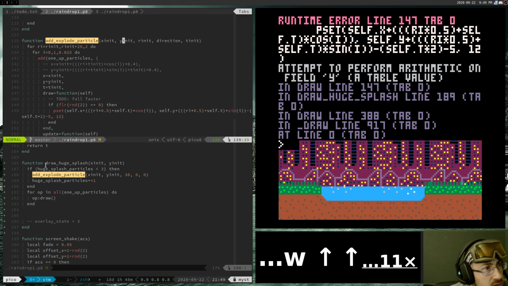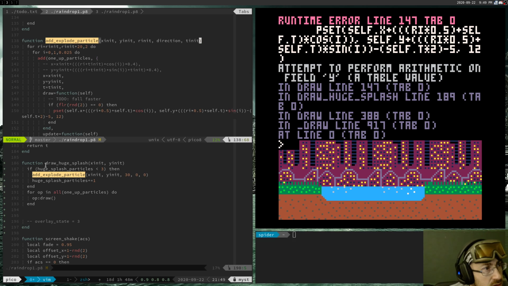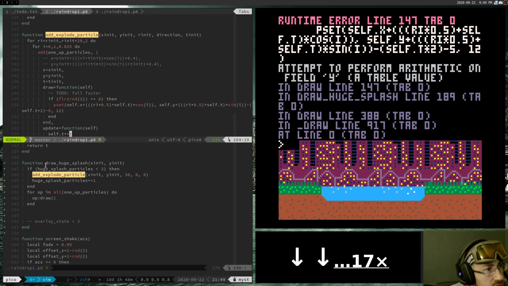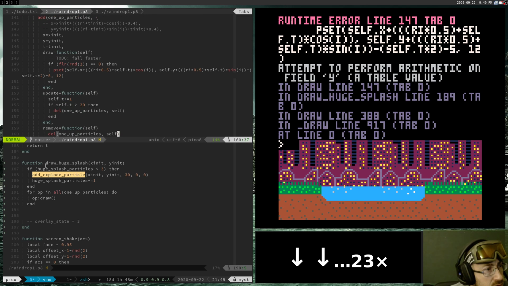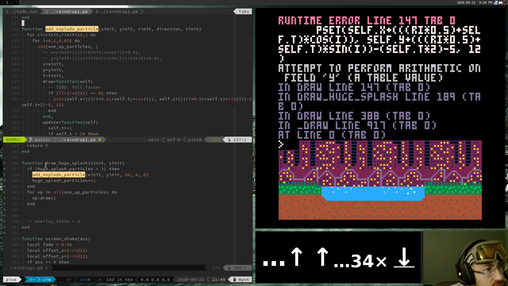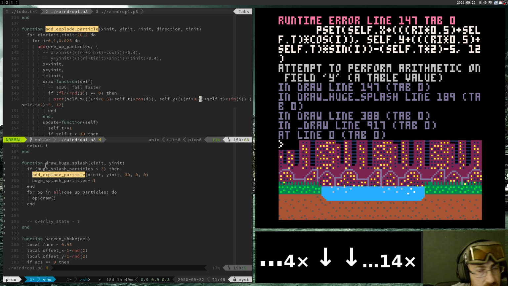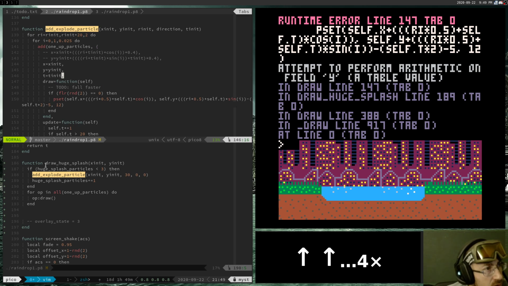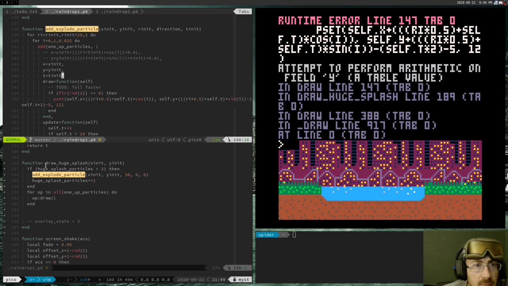Explode particle, x init, y init, r init, direction, t init. All right. So the first issue is, it's not saying that x is a problem. It's saying that y is a problem.